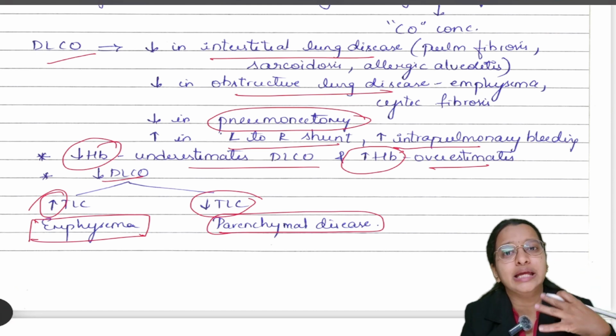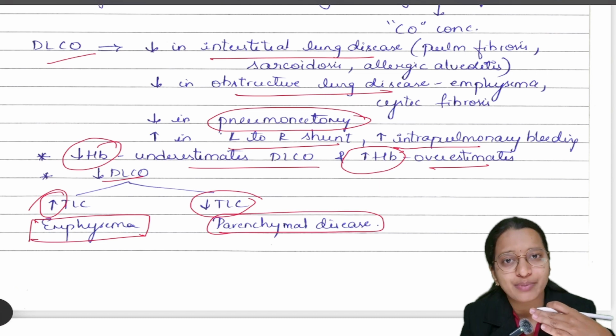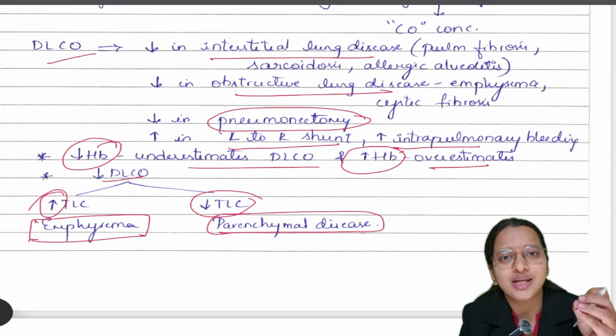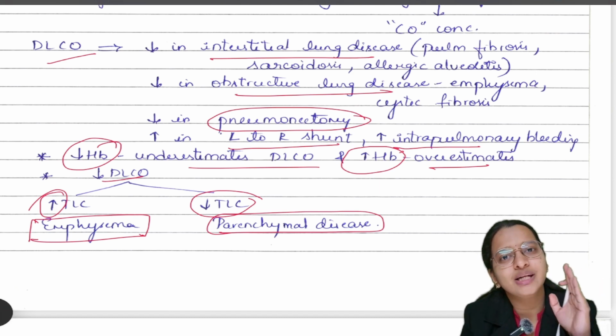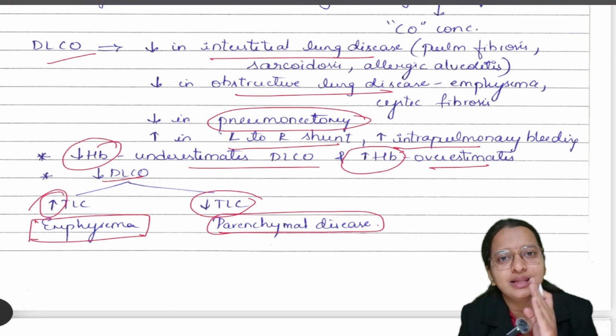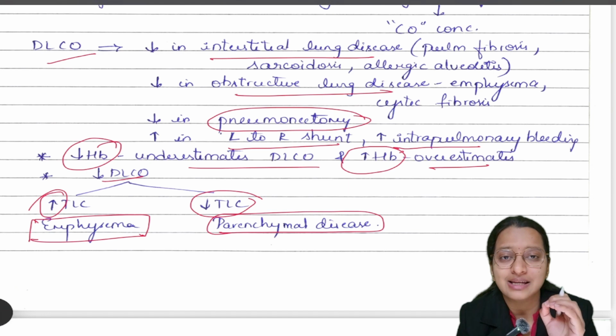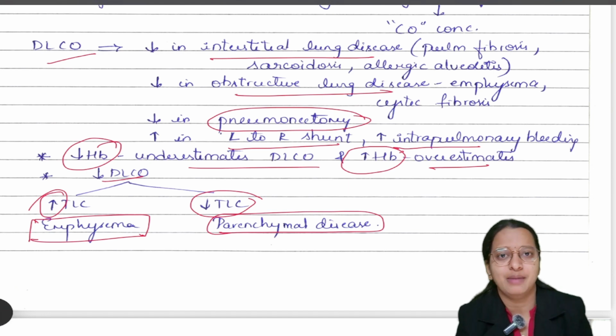The patient will inhale, hold his breath for at least 10 seconds and exhale, and we'll be measuring the carbon monoxide through an analyzer. So if the DLCO is decreased, now you'll be seeing the TLC. If it is also decreased, it means parenchymal disease. If the TLC is increased but DLCO is decreased, that means it is emphysema.